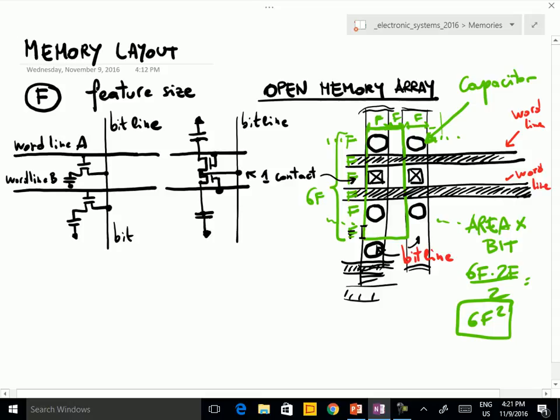This is the drain, gate, source. In correspondence of the source, we have the capacitor. As you can see, the area occupied by a memory cell is essentially only the area of one transistor, because the capacitor is below the source of the transistor and therefore does not occupy any area. Okay?